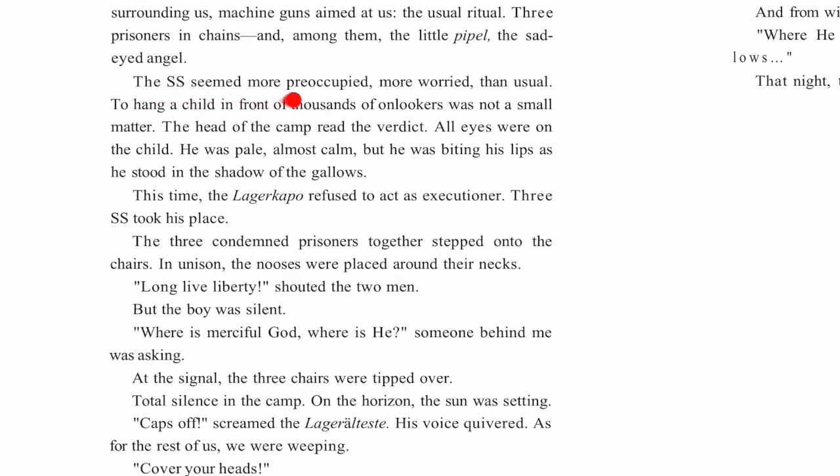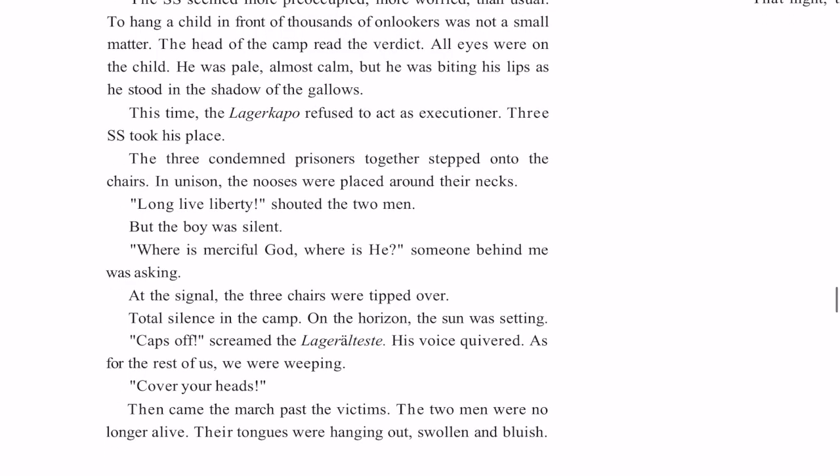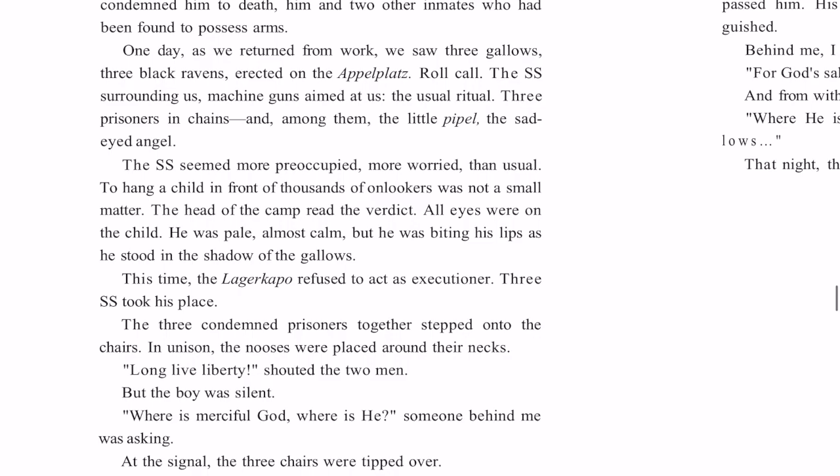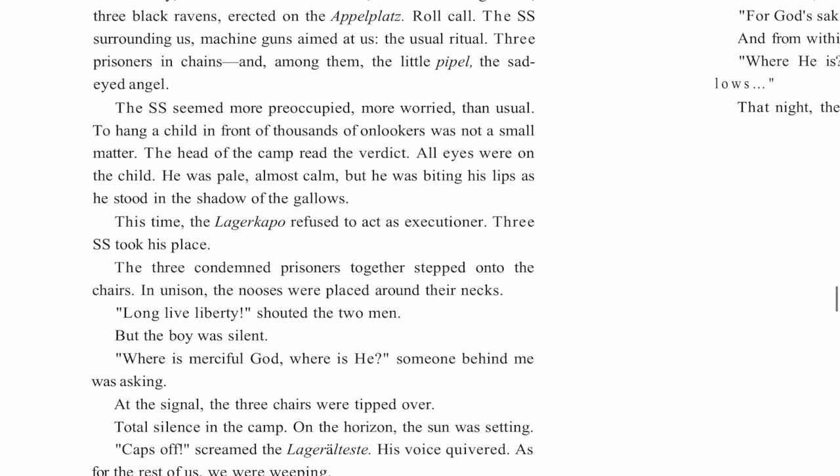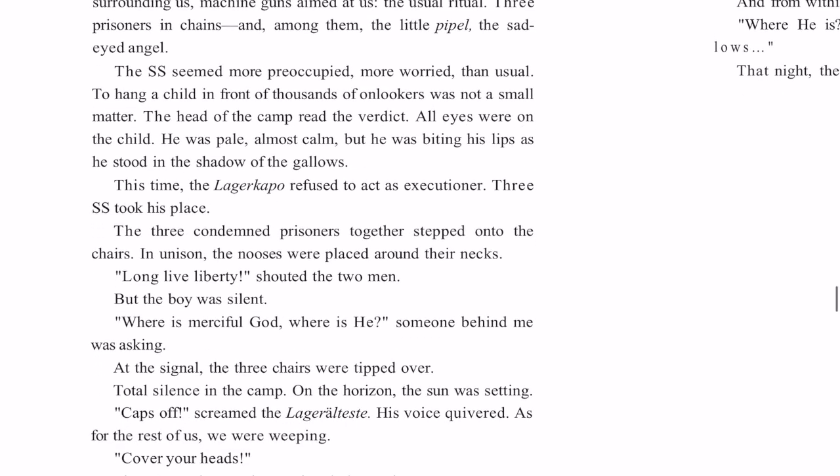The SS seemed more preoccupied, more worried than usual. To hang a child in front of thousands of onlookers was not a small matter. All eyes were on the child. He was pale, almost calm, but he was biting his lips as he stood in the shadow of the gallows. Okay, let's take some textual evidence here.